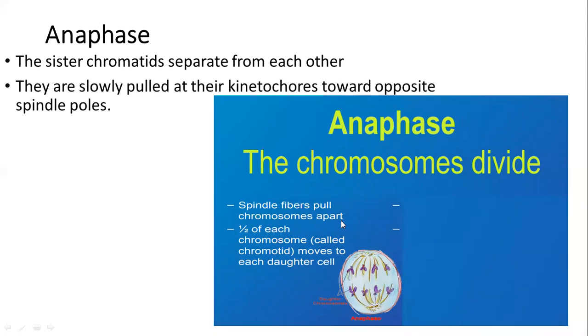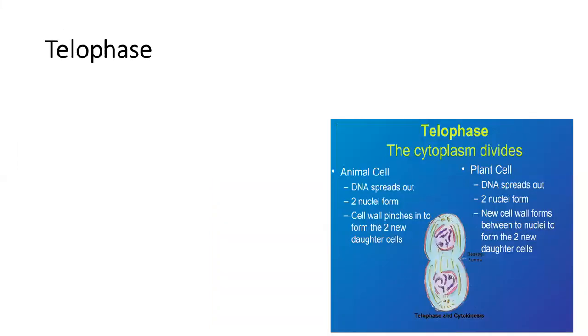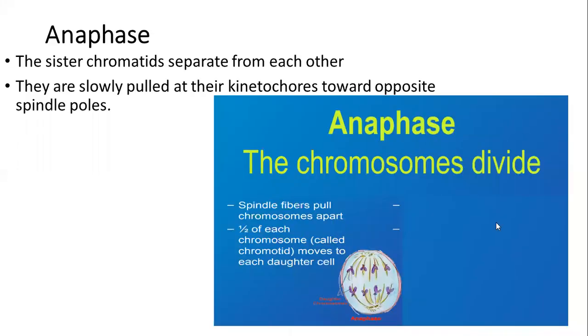These are pulled at their kinetochores towards opposite spindle poles. So half of the chromosome, called the chromatid, moves to each daughter cell during anaphase.